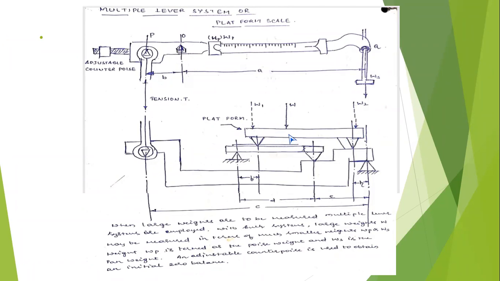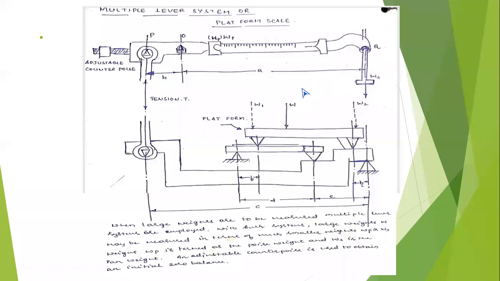The dimension of the platform may be 2 feet by 3 feet or 3 feet by 4 feet. Like that, the width and the length of the platform are very, very large when compared to the conventional weighing machine used in the grocery shop.